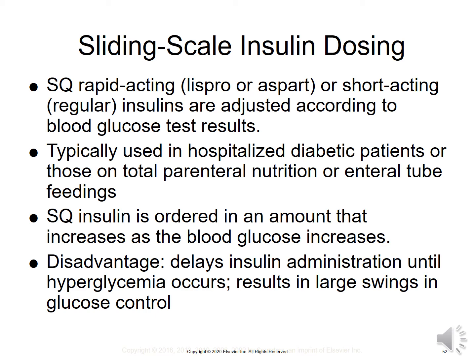Sub-Q insulin is ordered in an amount that increases as the blood glucose increases. We've all seen sliding scales. The disadvantage is that it delays insulin administration until hyperglycemia occurs. So it's not really preventative, and it results in large swings in glucose control.